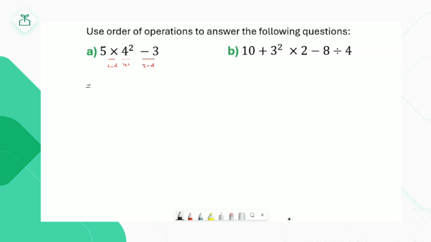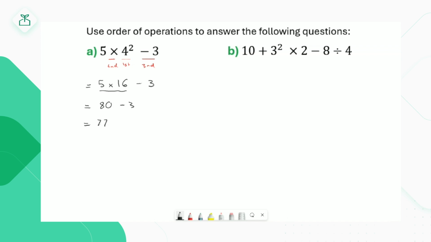Now this 4 squared, or 4 times 4, resolves to be 16, so this becomes 5 times 16 minus 3. Now 5 times 16 is just going to be 80, and then we take away the 3 and we get 77.